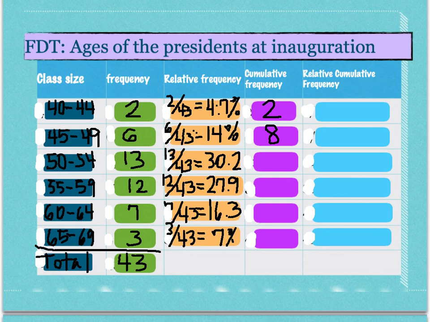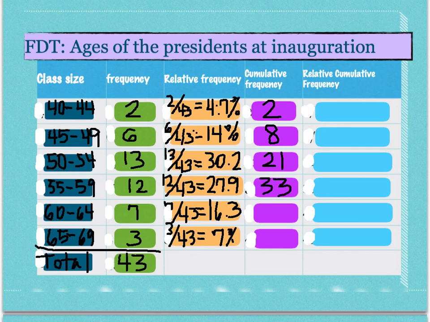And then the following class, you would take the 13 plus the 6, which is 19, plus the 2, which is 21. After that, you would take 12 plus 13 plus 6 plus 2, which gives us 33.